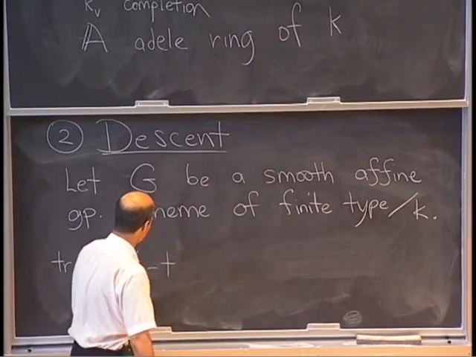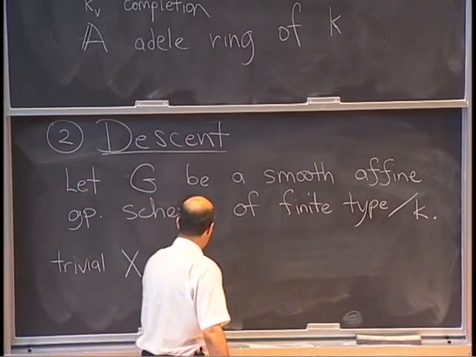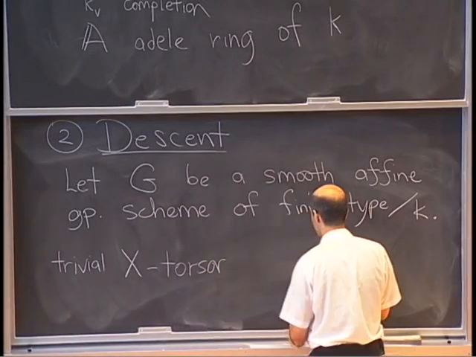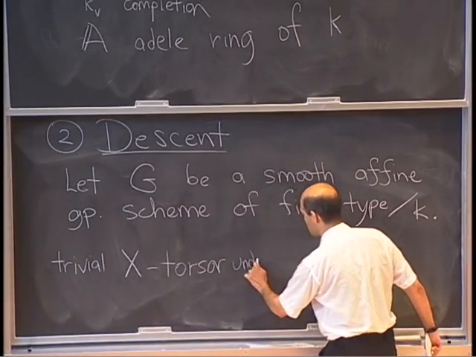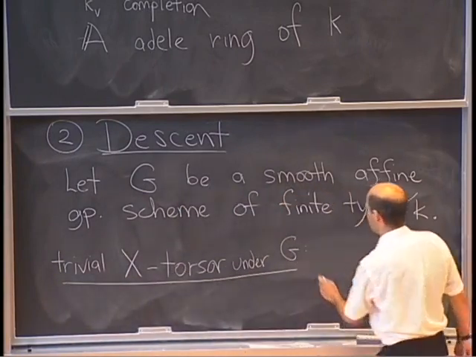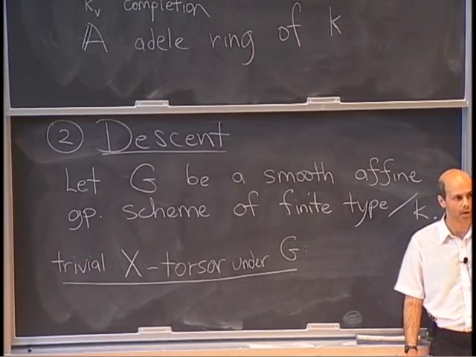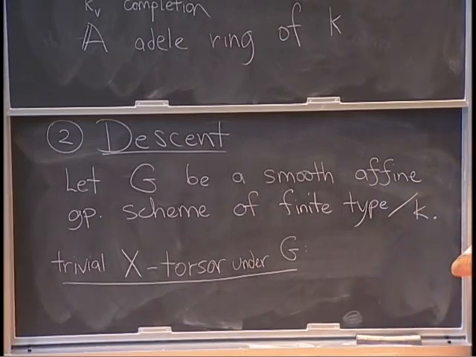I'll do this over an arbitrary base. A trivial X-torsor under G, what does this mean? If X were just Spec K, I just want a trivial torsor to be a copy of G itself, with G acting by translation.